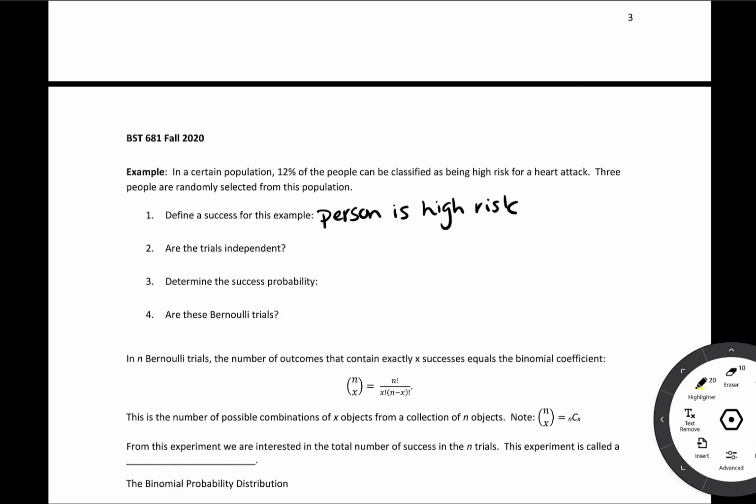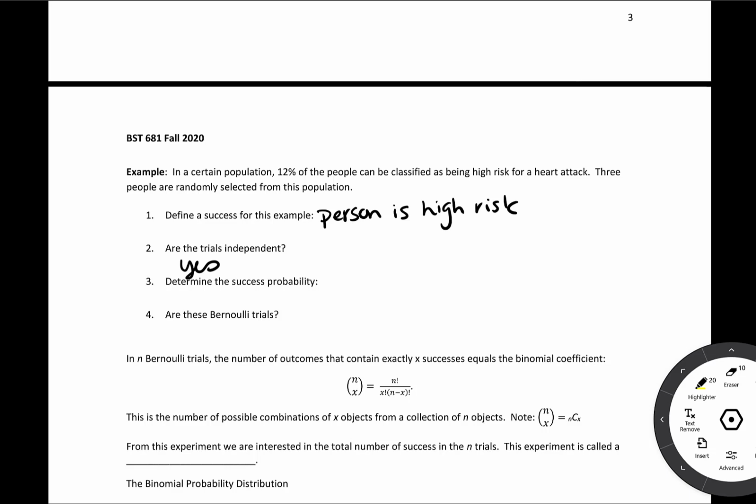Are the trials independent? In this case, I would say yes. So notice we have 3 trials here. The reason we have 3 trials is we're selecting 3 people. So we're going to consider each of those people a trial. And during each of the trials, we're going to find out if that person is high risk or not.